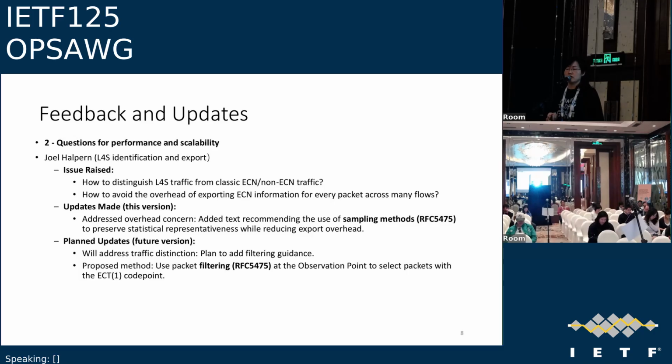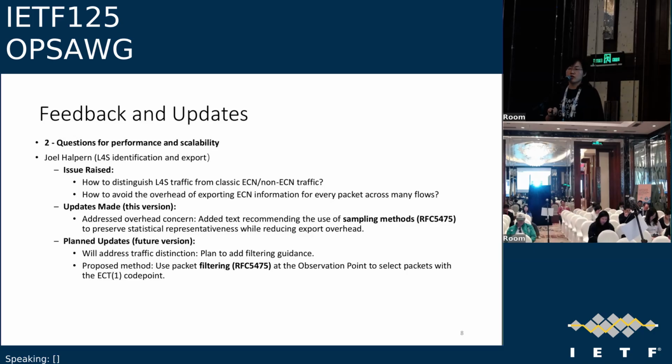And the comments from Johanpen involve, first, how to distinguish traffic, which is related to traffic identification, and the second one is about how to reduce the overhead of the network.